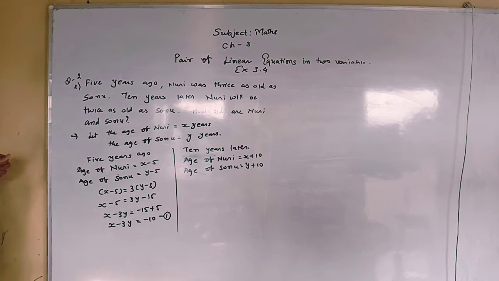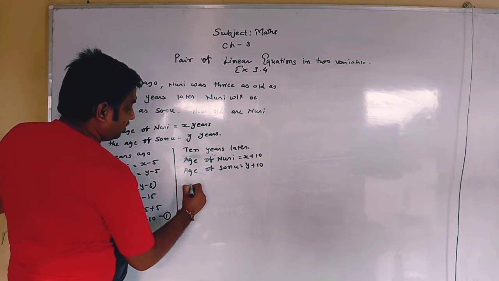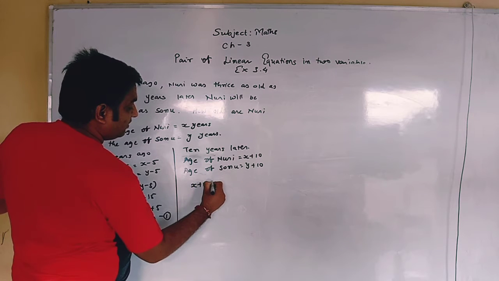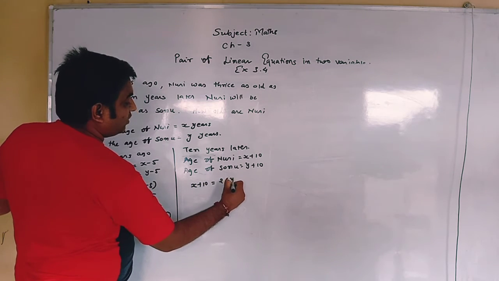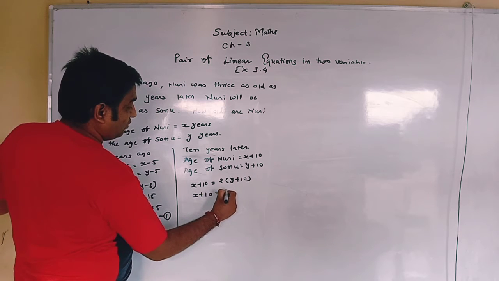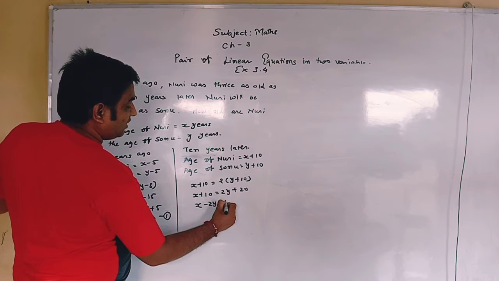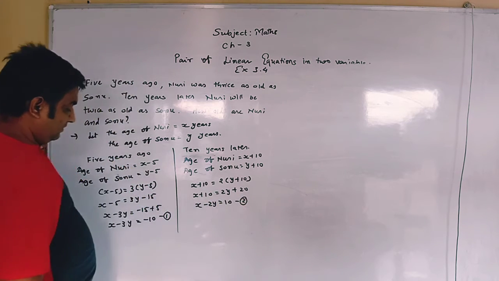At that time the relation given is that Nuri will be twice as old as Sonu, so x plus 10 equals 2 times y plus 10. So x plus 10 equals 2y plus 20. So x minus 2y equals 10. That is the second equation.